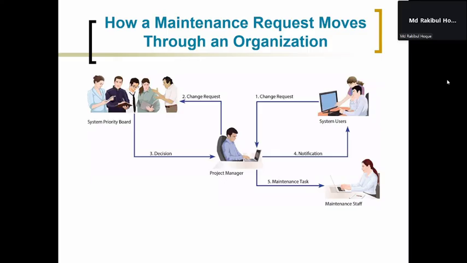It is transferred to the maintenance staff to provide the maintenance services to the system users, and you also notify the system users, okay, Mr. X or Y is working on solving your problem. So this is a simple way by which we finish our maintenance. It has a starting point, it also has an ending point.